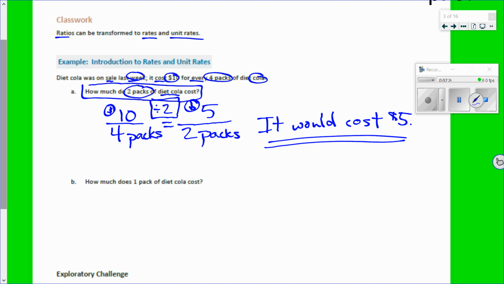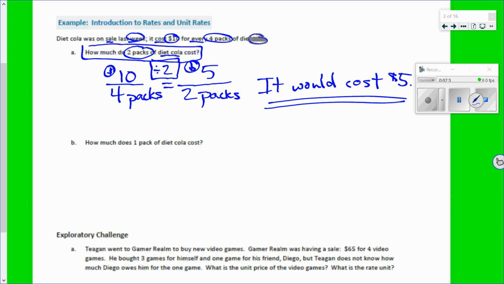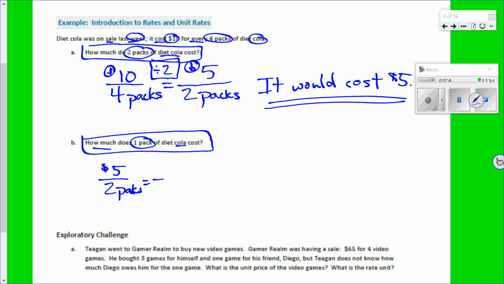Yeah. Okay, let's take it another step. Now, here's where we get to a unit rate. Remember what we said about a unit rate? It has a denominator of 1. So now we're going to say, how much does 1 pack of Diet Cola cost? So I'm going to take my $5 for 2 packs, but now I'm going to say it goes down to 1 pack.